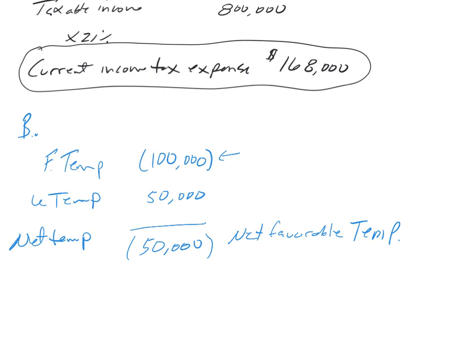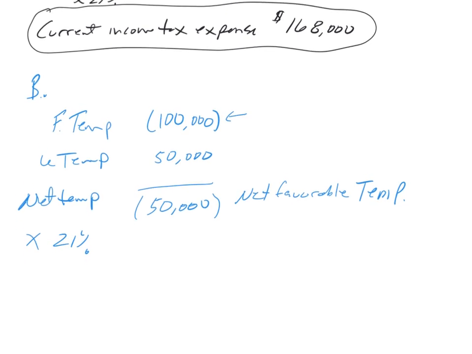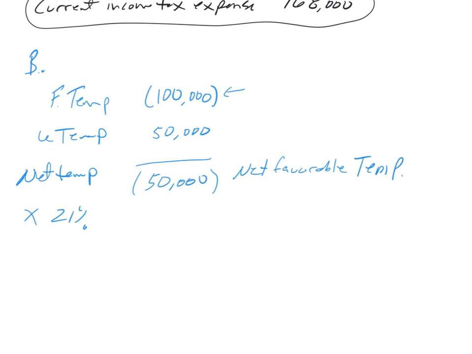And what is our tax rate? Our tax rate is 21%. So what does this do? This gives us a deferred tax expense of $10,500.